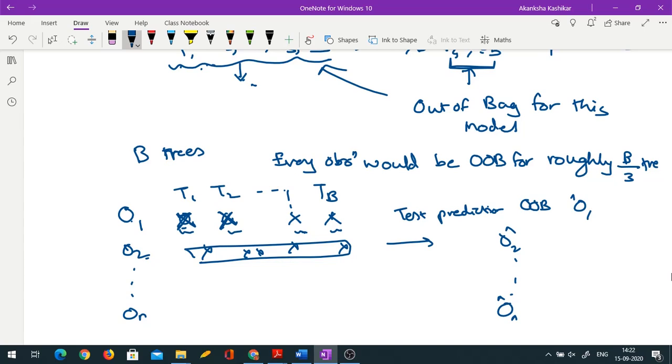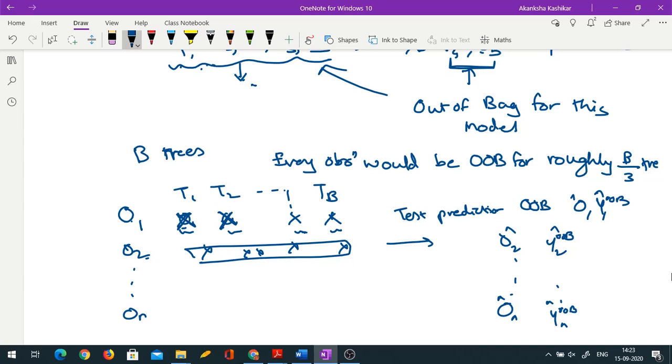Ideally I should call them y1 hat, y2 hat, yn hat. These are OOB predictions. You use the actual y1, y2, yn and compute the error, either misclassification error or mean squared error. That becomes your out of bag error, and it is a good indicator of the test error. So far so good? This is how bagging works.